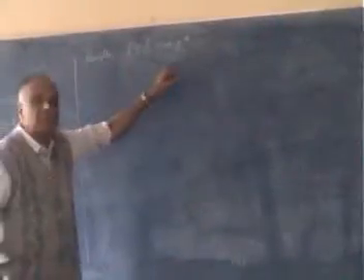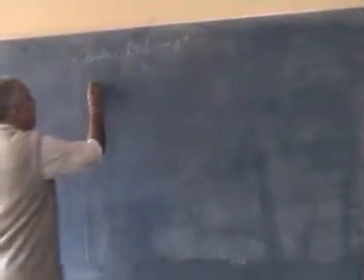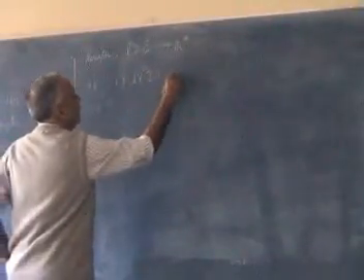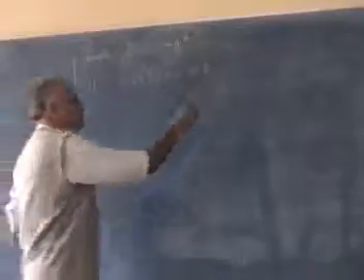So the length is something that associates with each interval a real number such that it's non-negative. I will write all the properties. As I said again and again, some of them will be redundant, but still I will write.